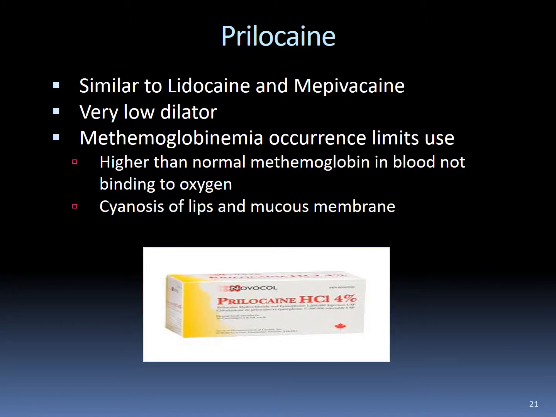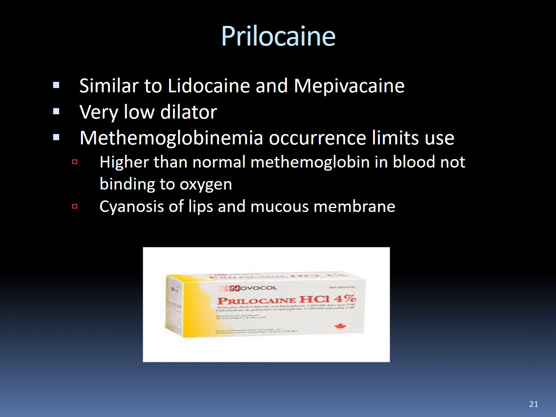Let's move on and discuss prilocaine. It is similar to lidocaine and bupivacaine. It is also a very low vasodilator, which is why you will see it in plain concentrations. It is a precursor to the occurrence of what is known as methemoglobinemia. This is a genetic type of condition.